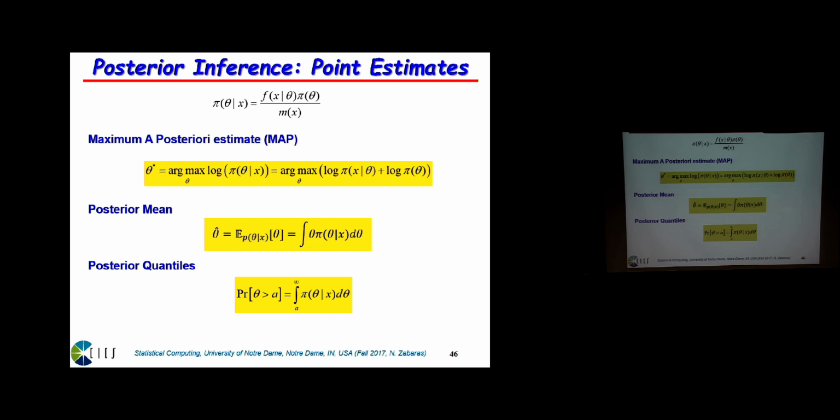Why is this a better estimate than the maximum likelihood? This goes back to the concept of regularization. If something is not well posed, maybe maximizing the likelihood is not a well posed problem. Adding this term stabilizes the optimization problem to give you a nice stable estimate, which is the MAP estimate.